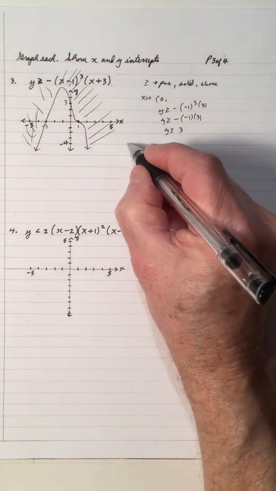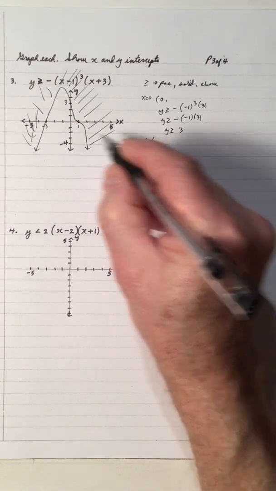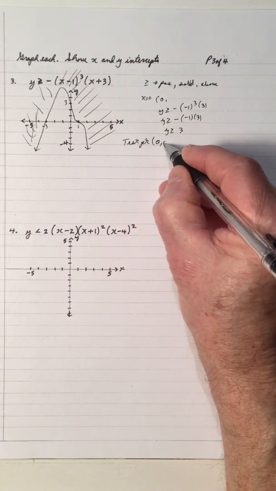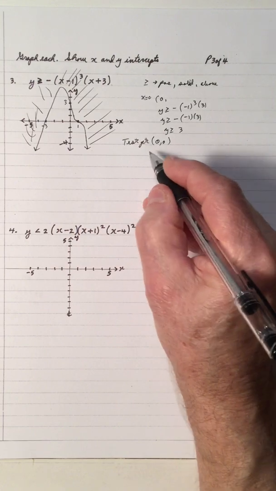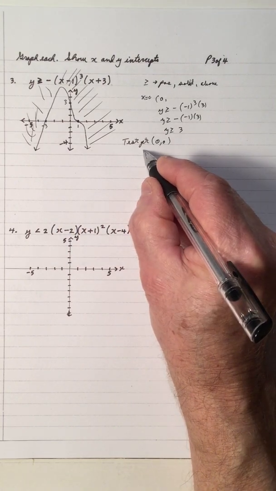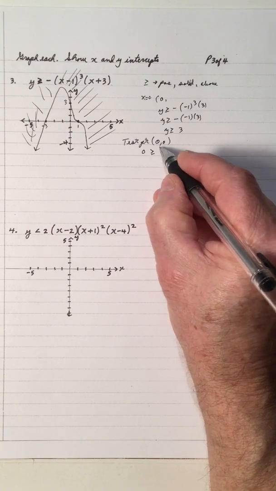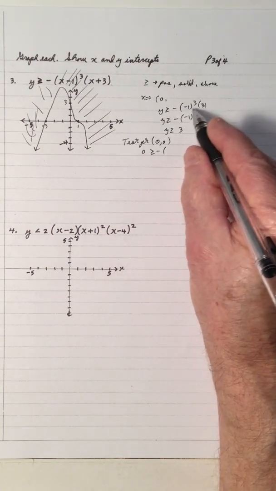And again, the test point, you pick a point to be the test point. So I'm going to pick the point 0, 0. So what happens with 0, 0 this time? If I'm right, 0, 0 is going to be false. So x is 0, y is 0. So y is 0, greater than or equal to, negative. I'm going to get the same as right here.